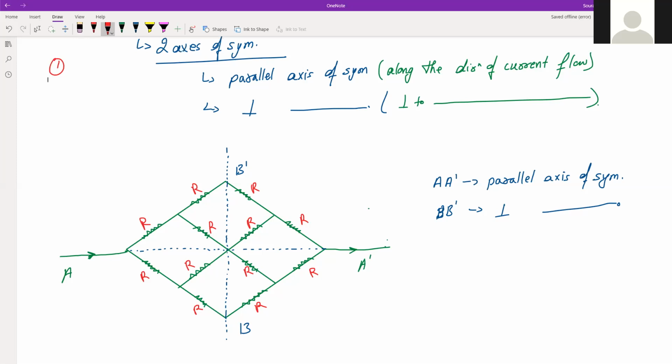Right. Now second, the points lying on the perpendicular axis of symmetry may have the same potential. Right?